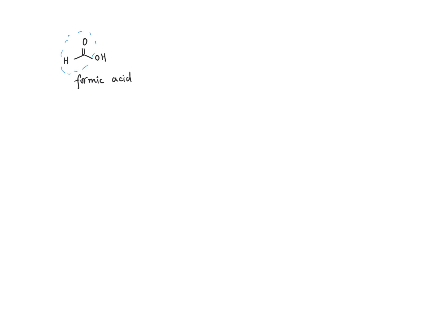Next, we are going to swap this hydrogen with a methyl group, which is an acetyl group, so we will call it acetic acid. All these common names end in ic acid.